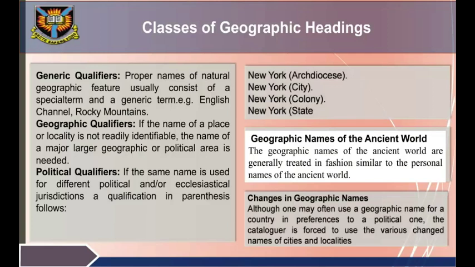The geographic names of the ancient world are generally treated in a fashion similar to the personal names of the ancient world. Changes in geographic name. Although one may often use a geographic name for a country in preference to a political one, the cataloger is forced to use the various changed names of cities and localities.